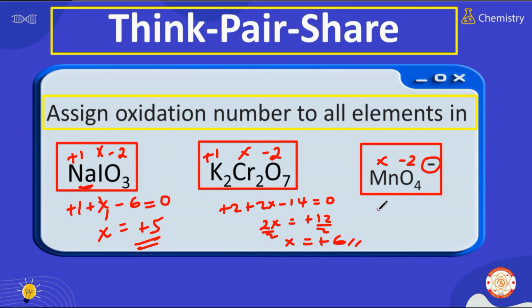Therefore, X minus 4 times 2, which is 8, should be equal to the charge of the molecule, and that is minus 1. So if you take this to this side, it will be +7. So this is how you assign oxidation numbers to all elements.